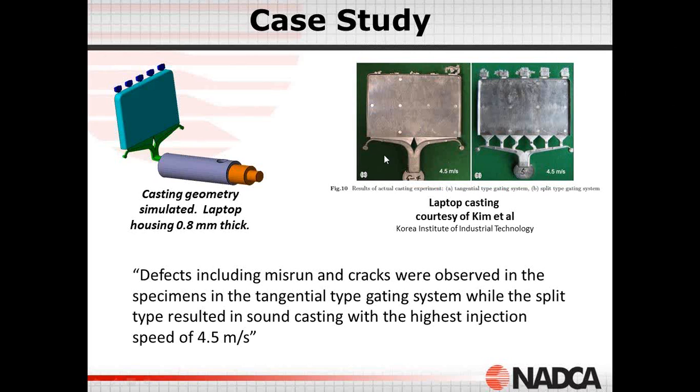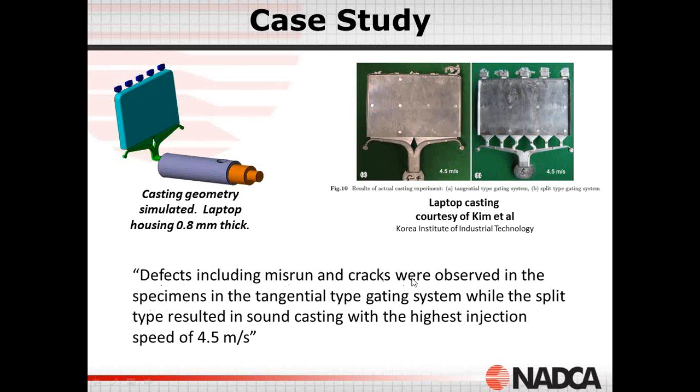And to very quickly outline the conclusion from their study, they experimentally cast this part with a tangential gate and with what they refer to as a split type gating design, and have concluded that even with a shot speed of 4.5 meters per second, it wasn't possible to make a good casting with this tangential gate, but it is possible to make a sound casting with this gate.